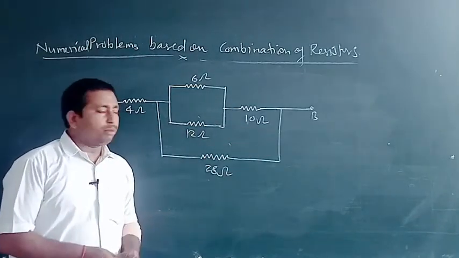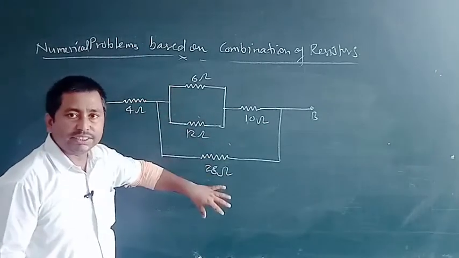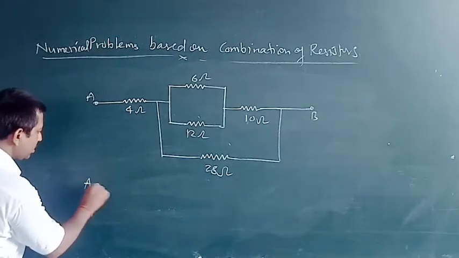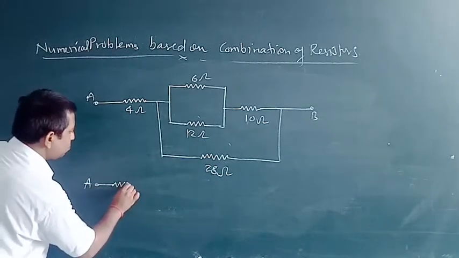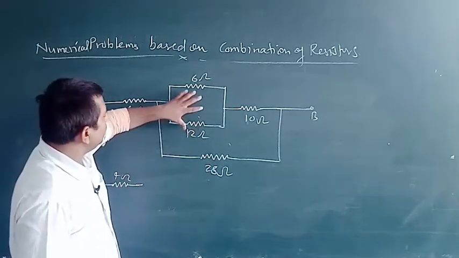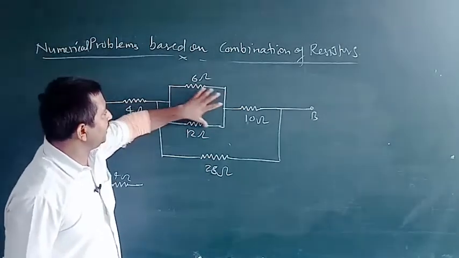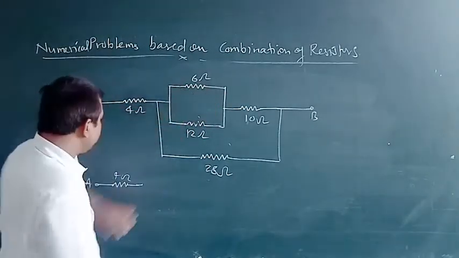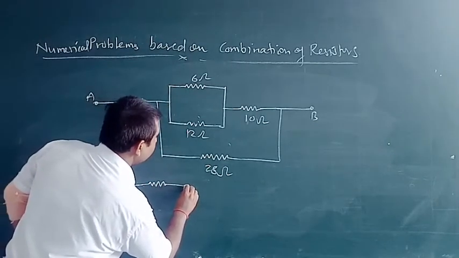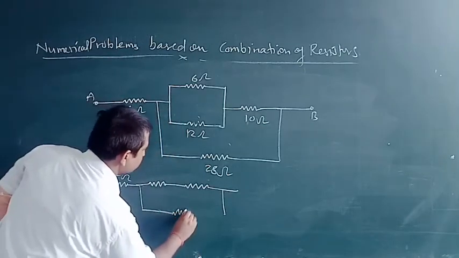To find the equivalent resistance of this circuit, we can simplify it like this. Suppose this point is A, and there is a 4 ohm resistor, and if we put a single resistor in the place of these two resistors, then we get a resistor here, and another resistor here.